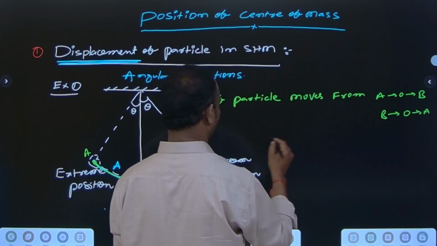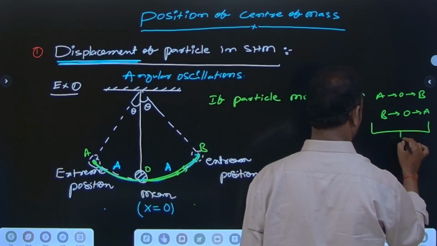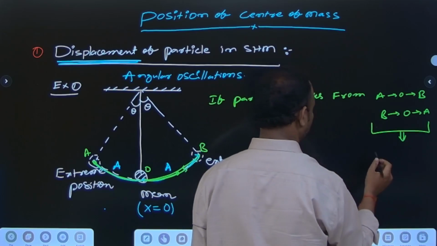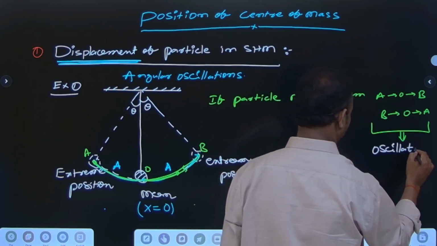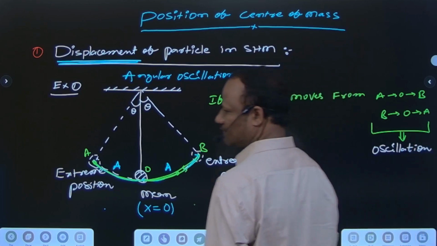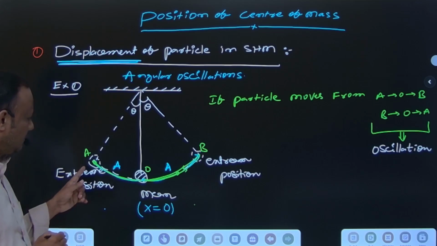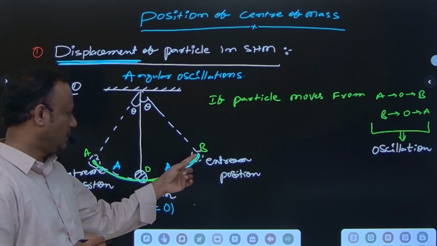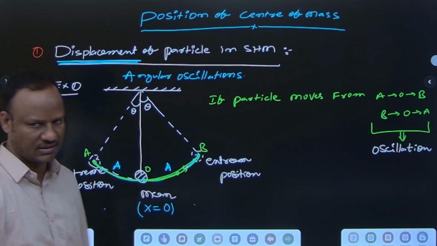So that is called one oscillation. So for the oscillation, it means starting from A to O, B, again O to A is called one oscillation.